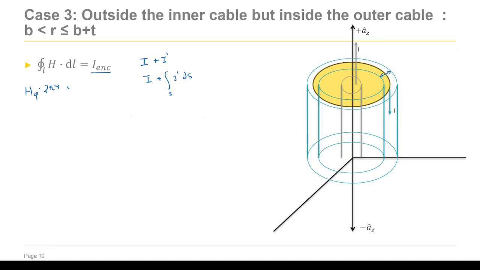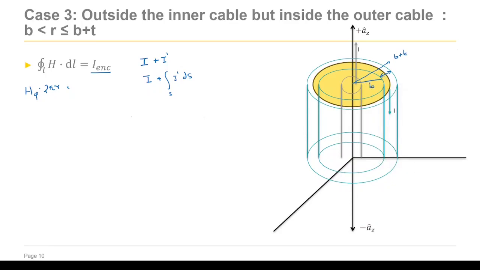Now to compute the area of the outer cable, we see that there is this distance here which takes a value b plus t, and we have this distance here which takes a value of b.